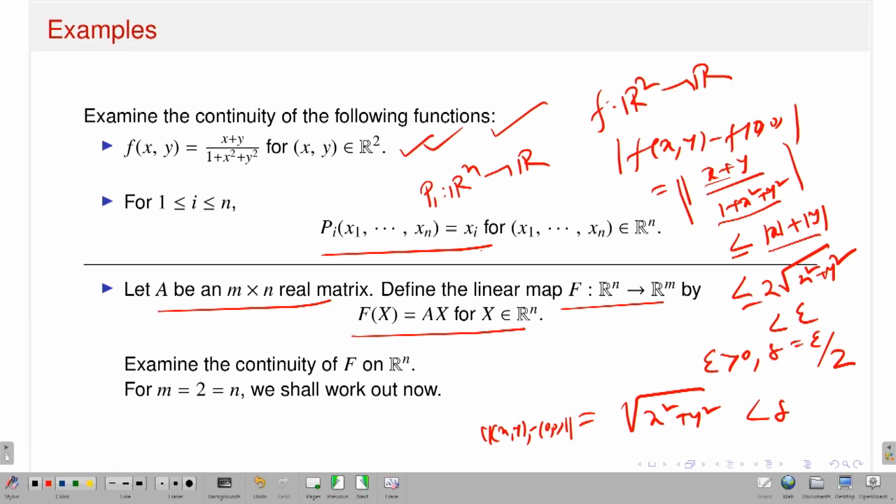So I will just consider m equal to n equal to 2. That means I have a function capital F from R2 to R2, which is a linear function, and I will show that it is continuous. The proof I will do for m equal to n equal to 2, but the fact is true for any Rn and any Rm.